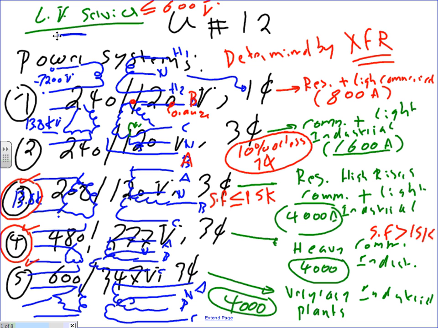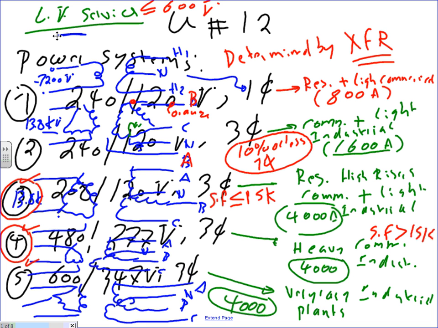So these are a small chunk of single-phase loads. That's where a system like the second system would make sense. 3-phase, commercial, light industrial, 1600 amps, that's the application here, and with 10% or less single phase, it makes sense to use system number 2.